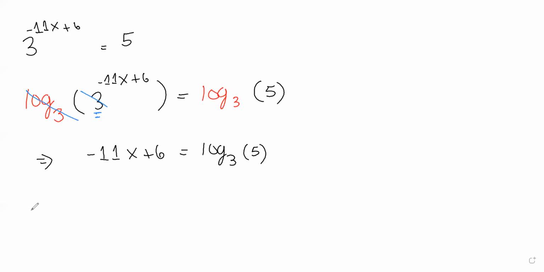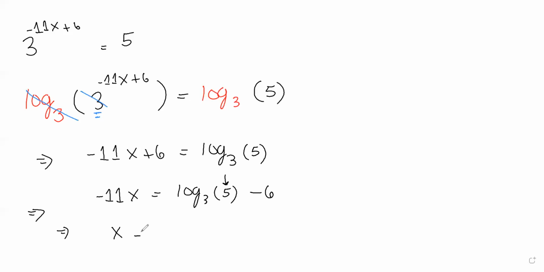And then subtract both sides by 6. So we get log base 3 of 5 minus 6. Notice how the parentheses are required here, because I don't want it to look like log of 5 minus 6 as a whole.